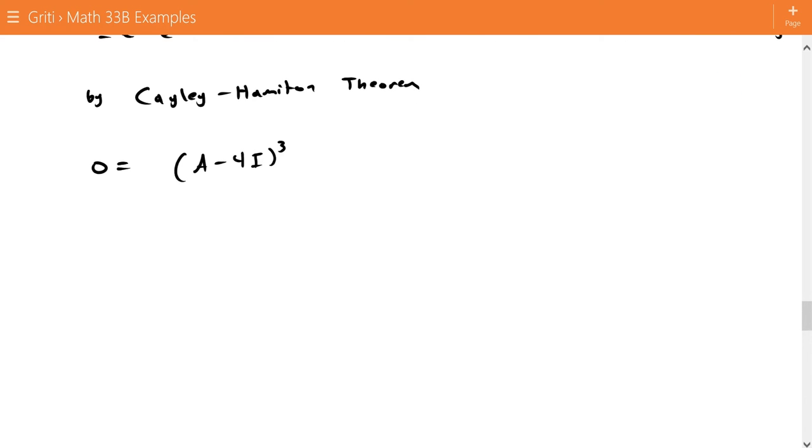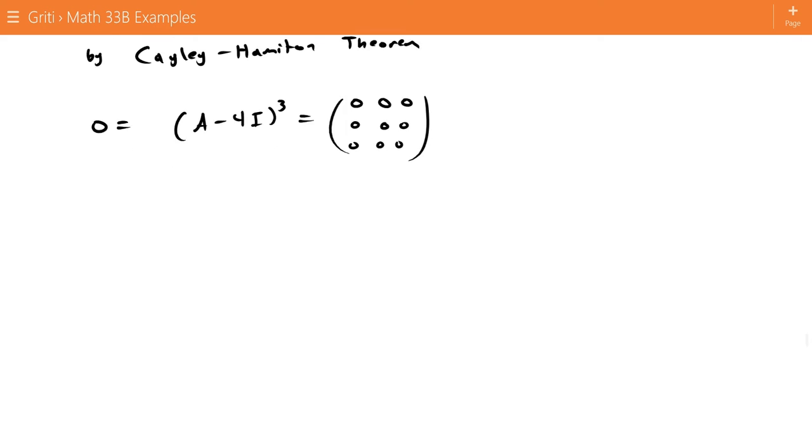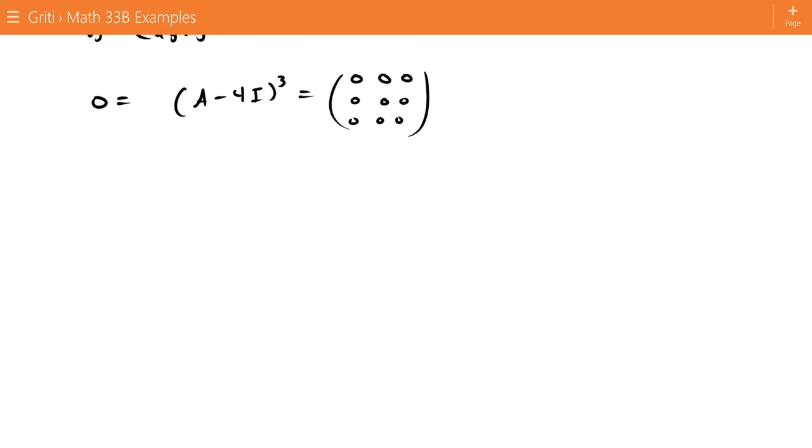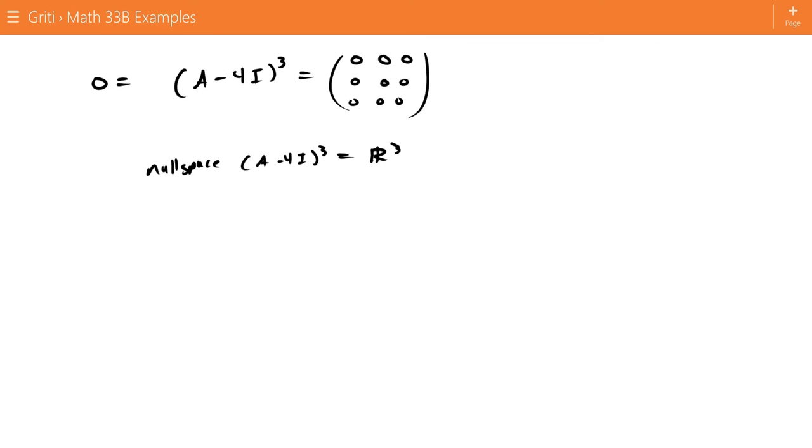So that means that this equals this matrix, which has every vector in its null space. So the null space of this is going to equal all of R3. So that means we can choose any vector A, B, C to be in this null space.